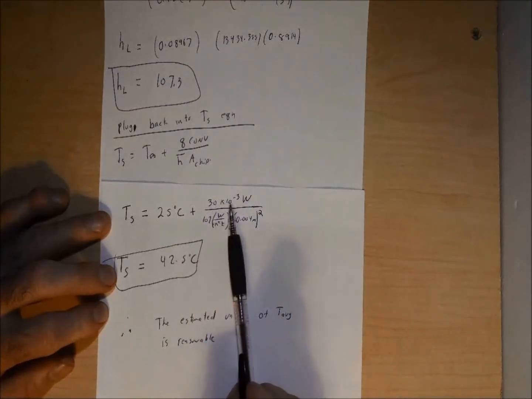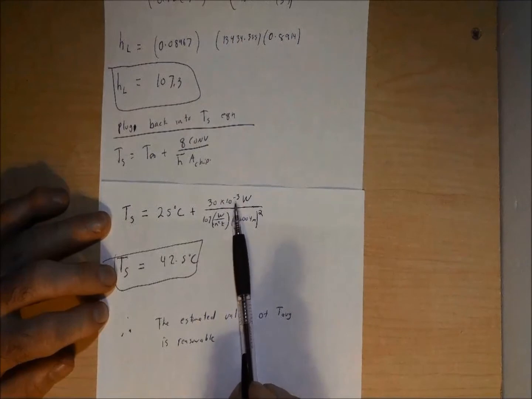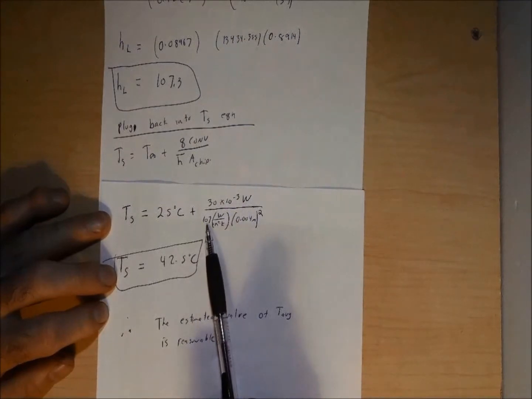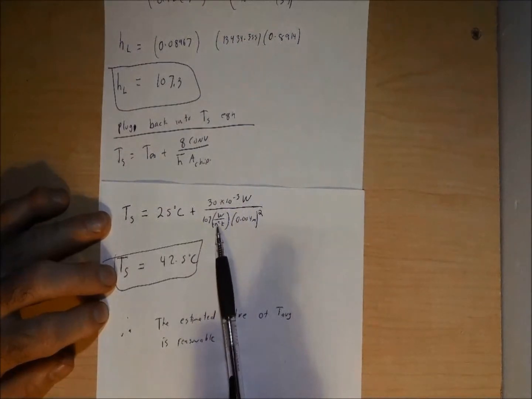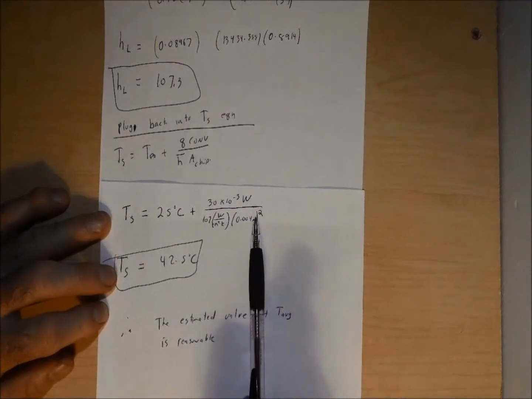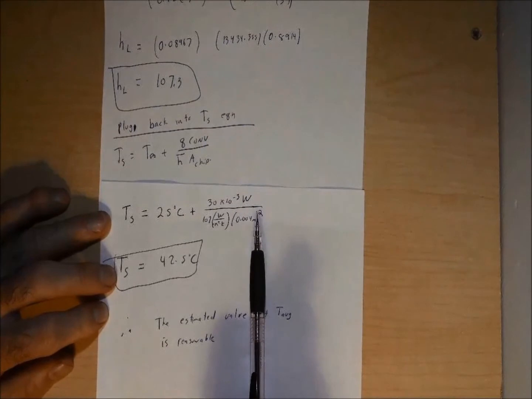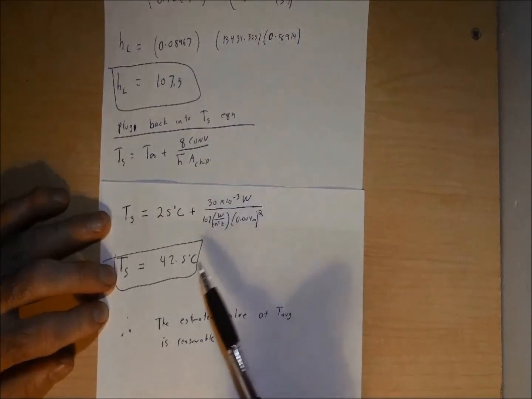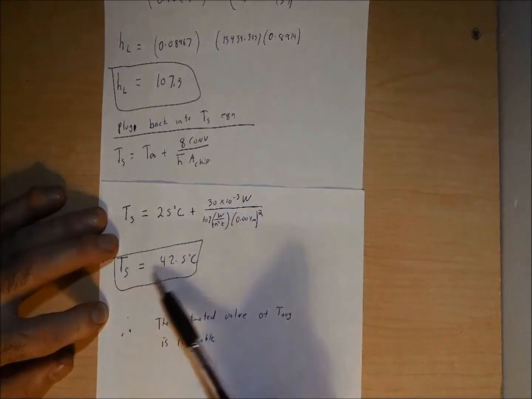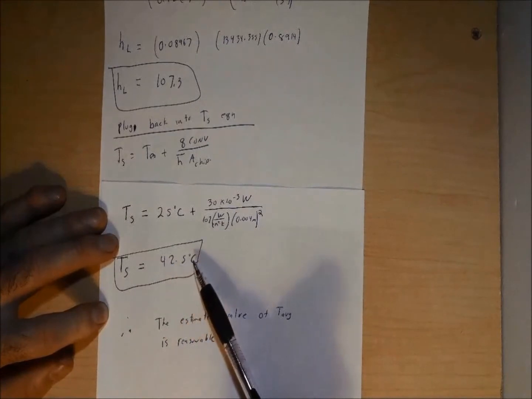We plug in Q convection of 30 times 10 to the negative 3rd watts, our h value of 107 watts per meter squared Kelvin, and our area of the chip, the length times the length, of 0.004 meters all squared. And now we have T sub S equal to 42.5 degrees Celsius.